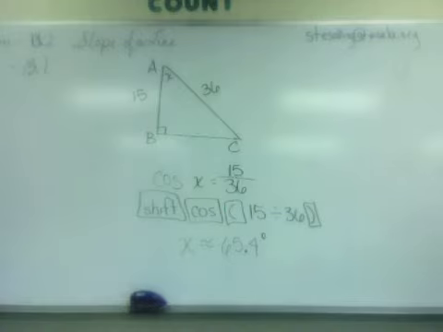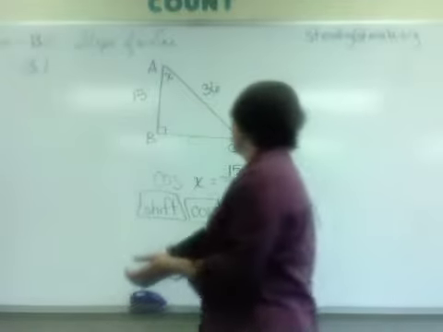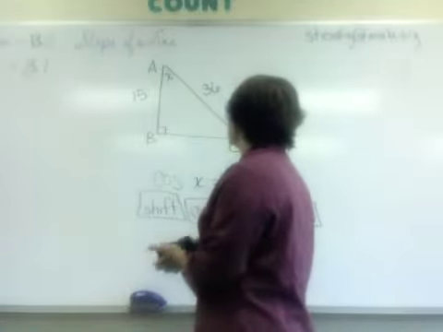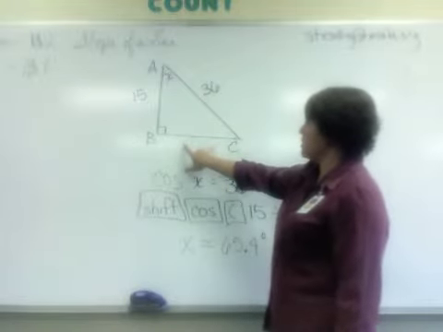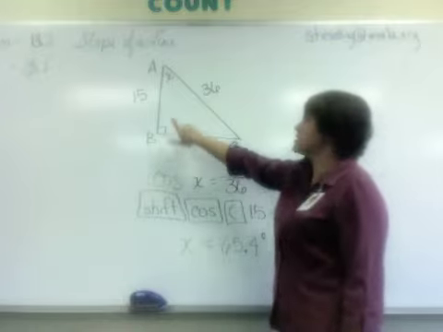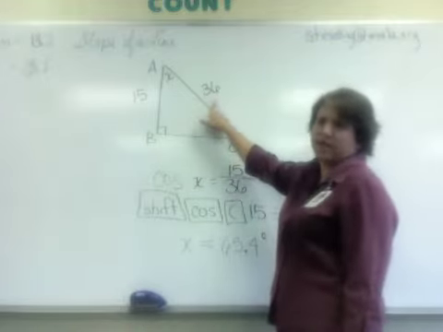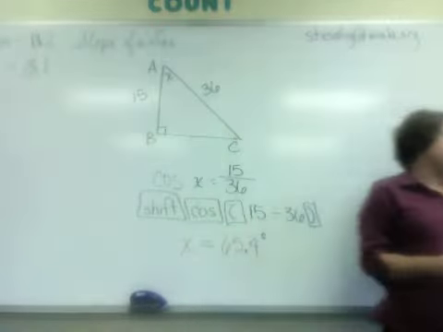And then you do the Pythagorean theorem, of course. If I wanted to, from here, solve for this, I could simply do the Pythagorean theorem to find a solution, because I know two of the legs. If you're looking for all parts of a triangle, let me tell you this.